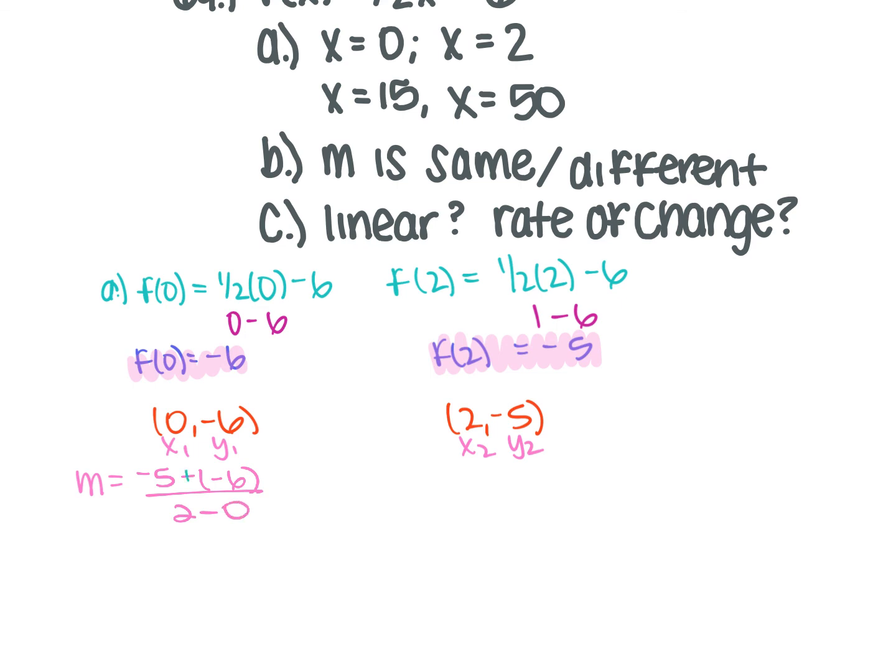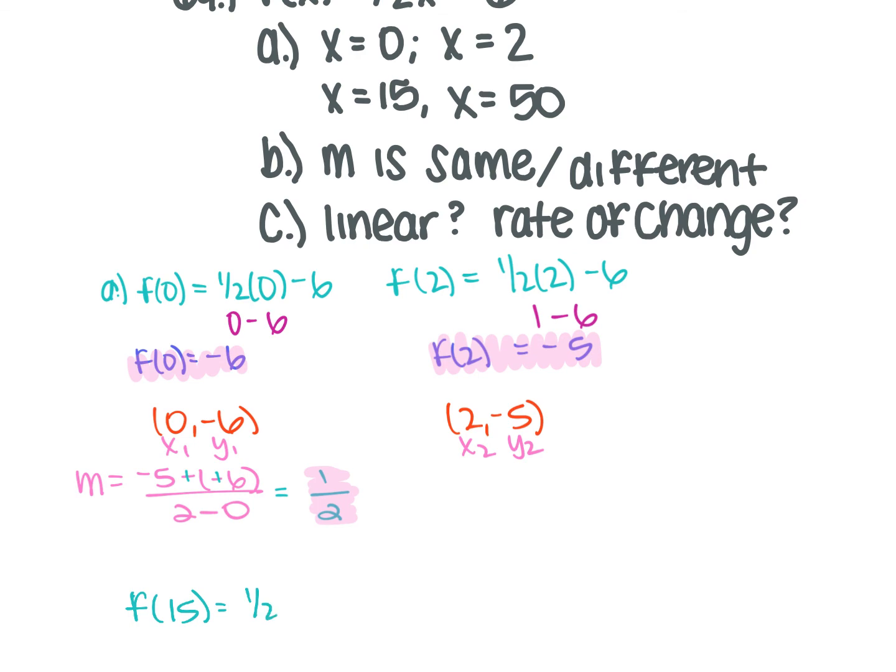Your two negatives next to each other turn into positives, so 6 minus 5 is 1, over 2 minus 0 is 2. So your average rate of change for the first 2 points, when x is 0 and x is 2, is 1/2.